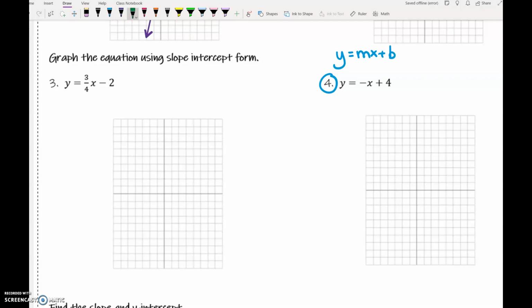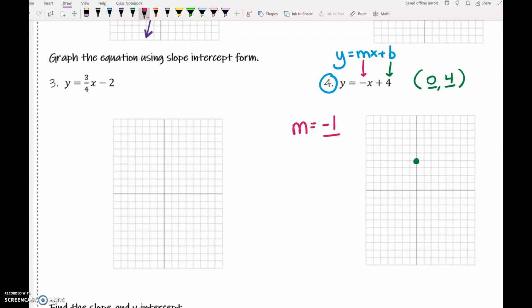So in this case, our y-intercept is 4. So what are the coordinates of the y-intercept? 0, 4. That's where we're going to begin, at 4 on the y-axis. Our slope is negative. What is our slope? -1.